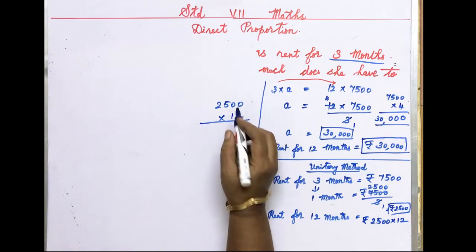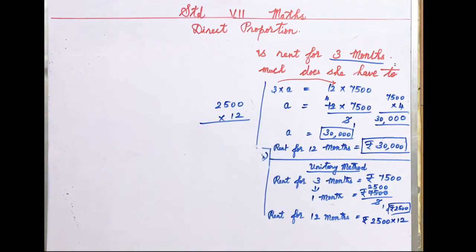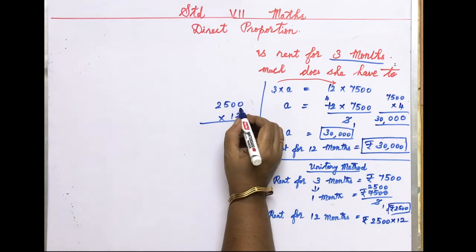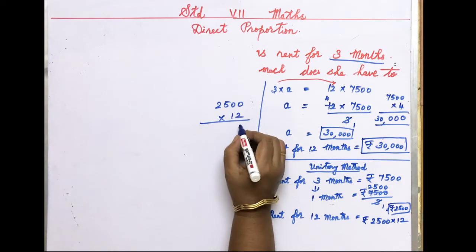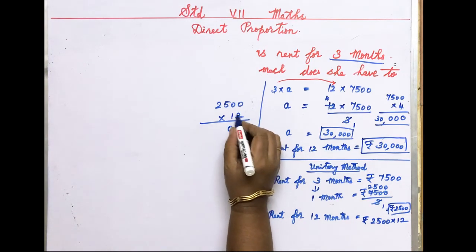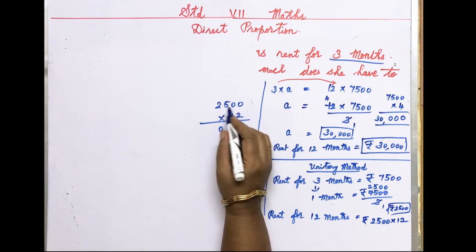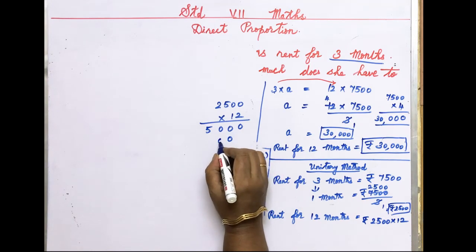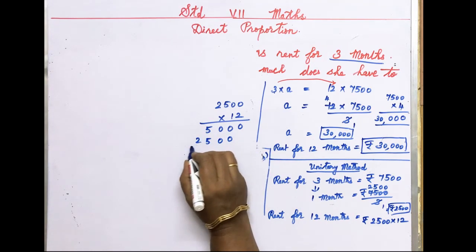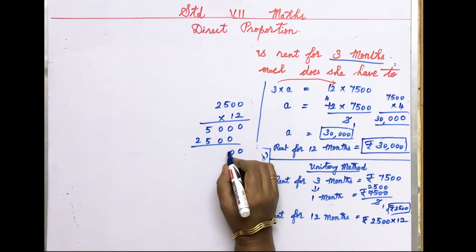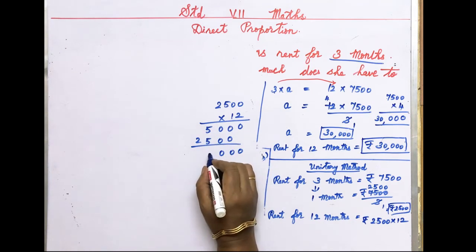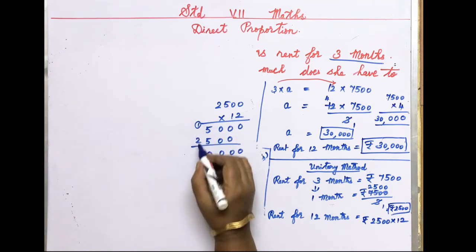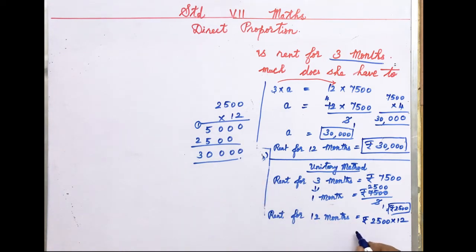If you know the 12 table, you can multiply directly, or we can do it in 2 steps. 2 into 0 is 0, 2 into 0 is 0, 5 2s are 10, balance 1, 2 2s are 4 plus 1, 5. Next multiply by 1, so 0 0 5 2. Now we should add: 0 0 0, 5 plus 5 is 10, 1 plus 2 is 3. So here for 12 months the answer is rupees 30,000.